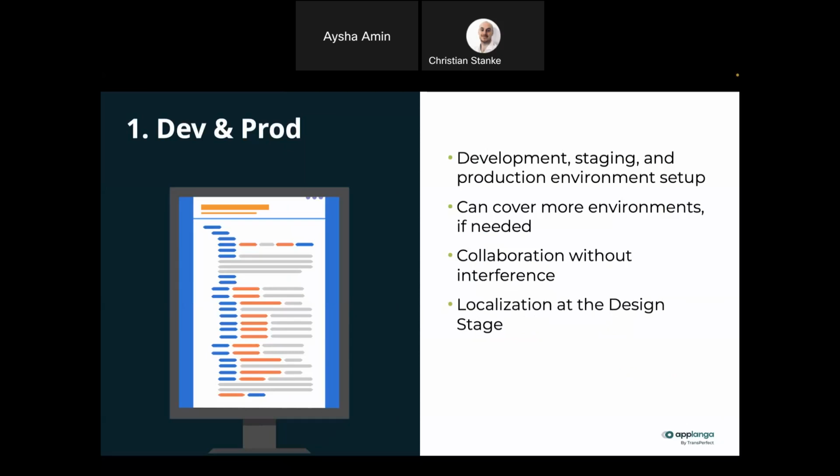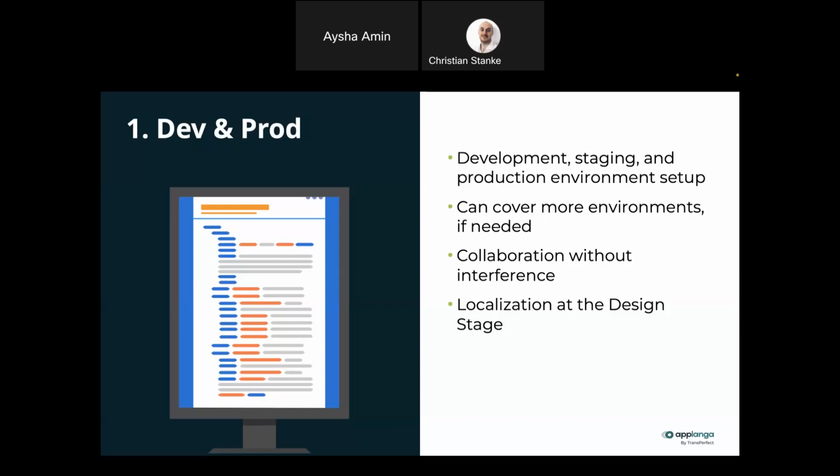Okay. So our first possible use case is using the feature to align with a typical development, staging, and production environment setup, or you could cover even more environments if needed. Teams can use one branch to manage the production version of an app's content, and then a separate branch to manage the development version, or multiple branches to cover everything in between, but it's all under one Applanga project.